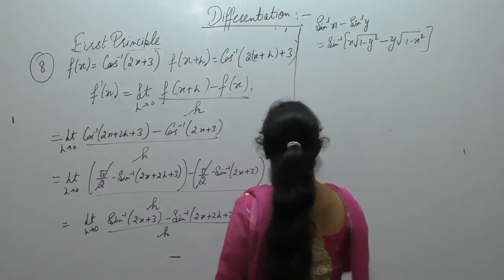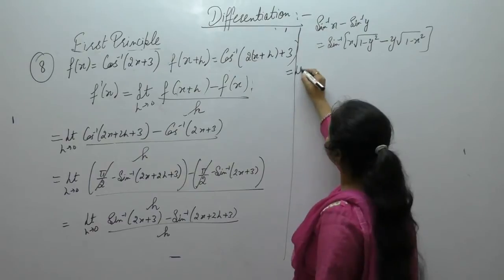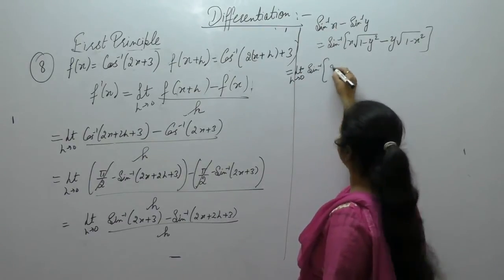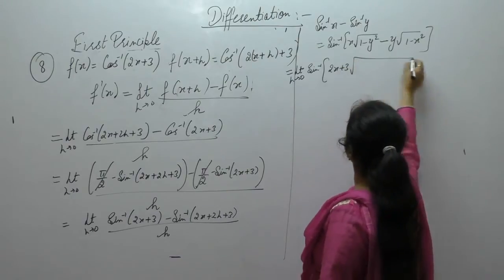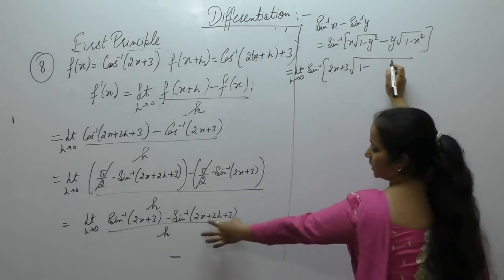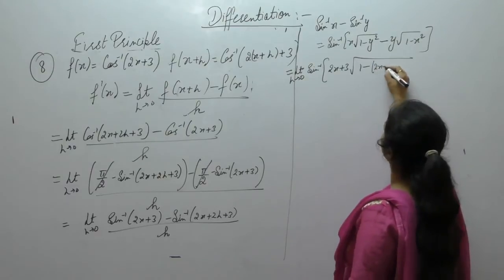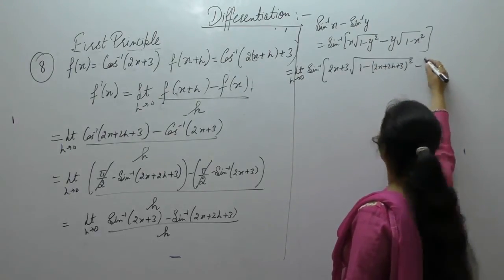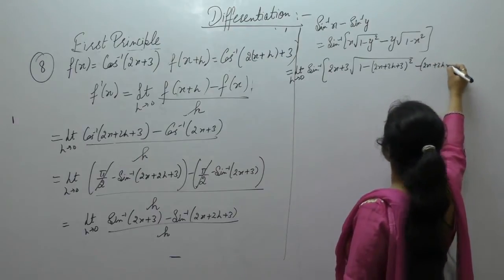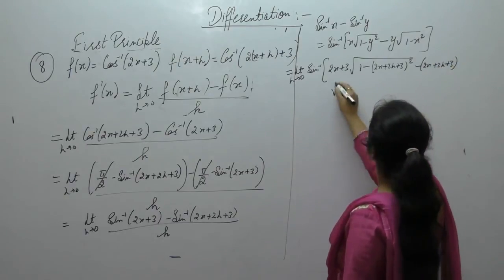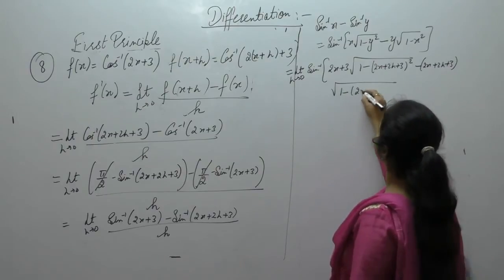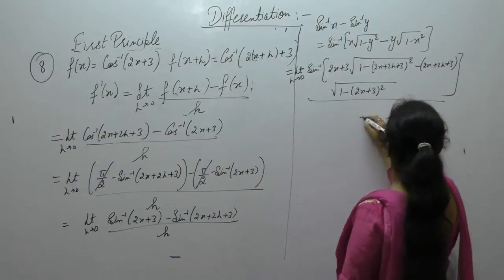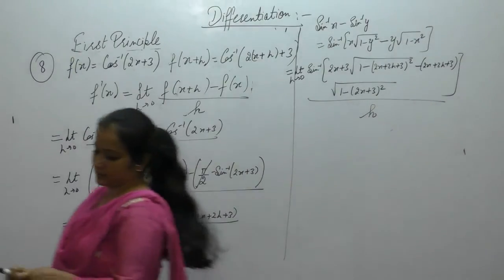Use this formula here. We get limit h tends to 0, sine inverse of x is 2x plus 2h plus 3, square root of 1 minus y square, square of this term (2x plus 3) whole square, minus y is 2x plus 3 into square root of 1 minus (2x plus 2h plus 3) whole square, upon h. This is what we get here.